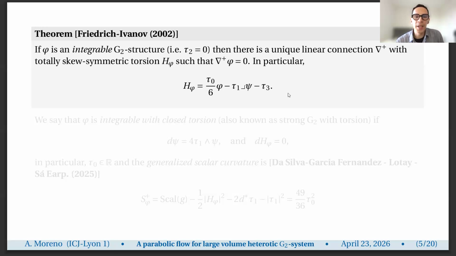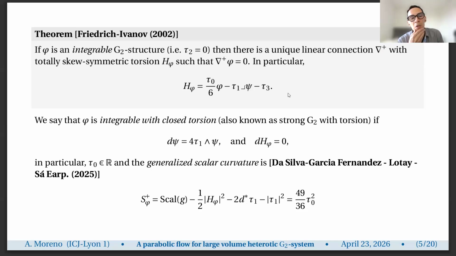We are interested in studying this kind of G2 structure today because of the following motivation. We call a G2 structure integrable with closed torsion if it satisfies the integrable condition, which means that the exterior derivative of psi is equal to 4 times tau1 wedge psi, and also the torsion of the connection with totally skew-symmetric torsion is closed.